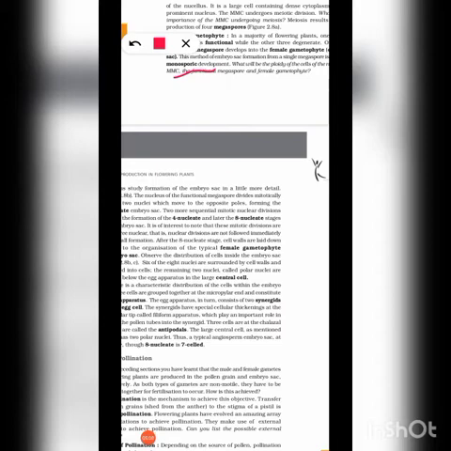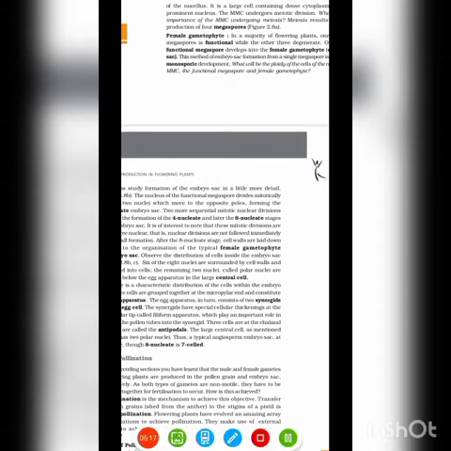Now let's see how this female gametophyte is formed.